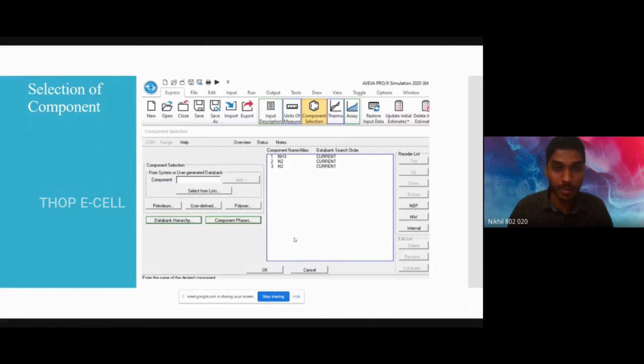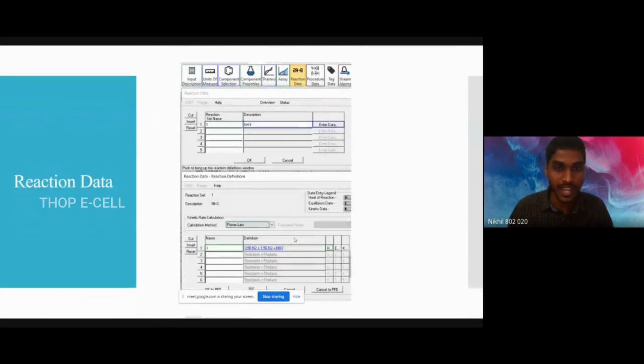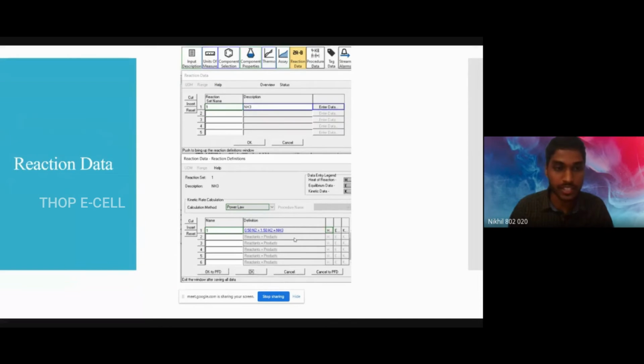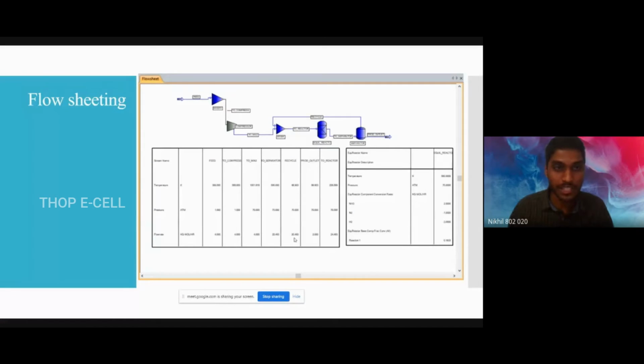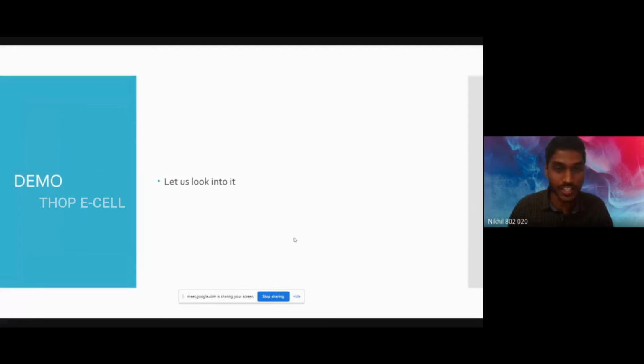I'll be showing it in the demo, and we have defined the thermodynamic data as the SRK method, and we give the reaction data, that is the formula, to the simulation, and we build the flow sheet and use the case study and plots feature, and let's look at the demo.